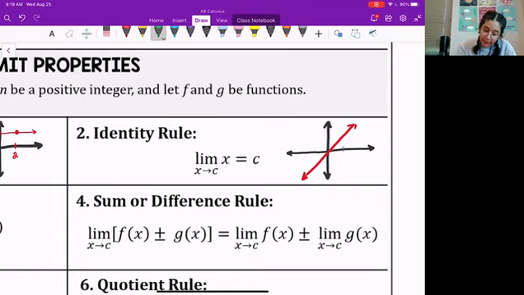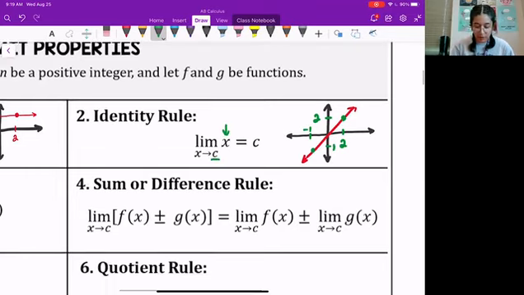So no matter what x value you're approaching, the y value you'll be at will always be the same. If x is approaching 2, y is approaching 2. If x is approaching -1, y is approaching -1. Whenever your function is just x, whatever value I'm approaching will be the same value as the limit.